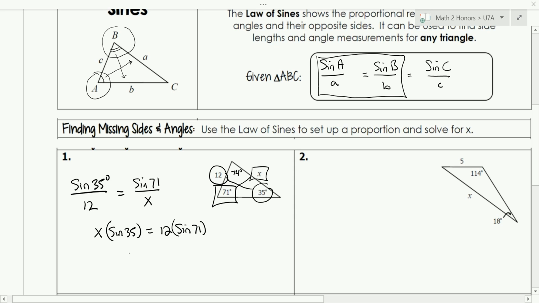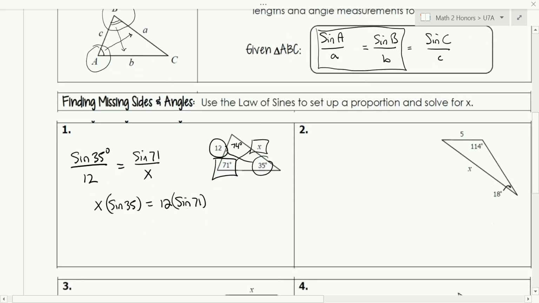And then what do I do next? Divide by what? I want x by itself, so I divide by the sine of 35. So x is 12 times the sine of 71 divided by the sine of 35.